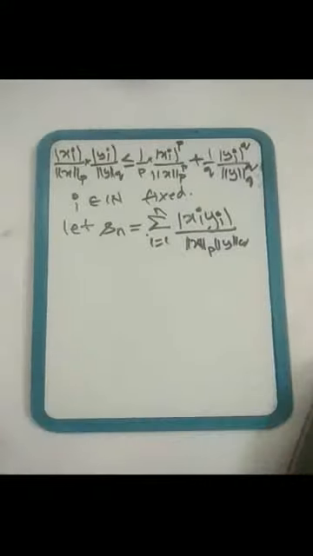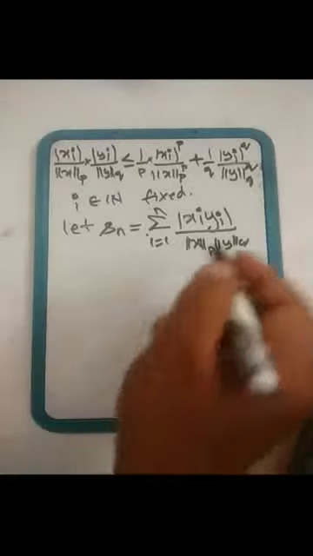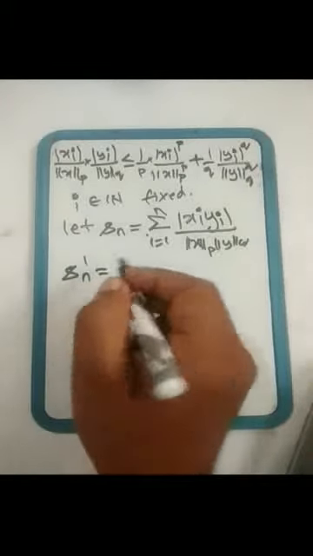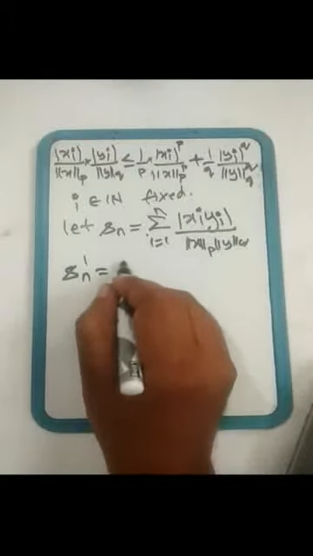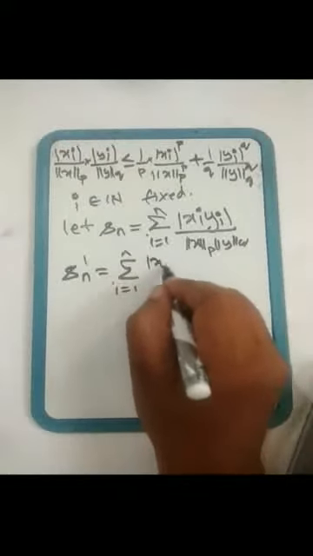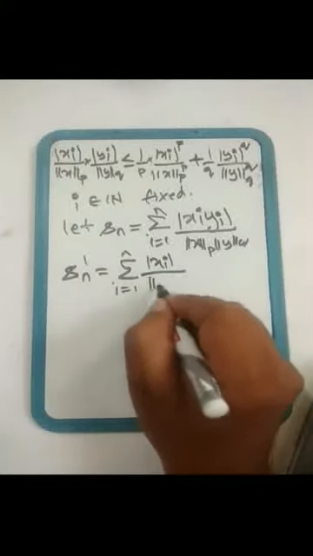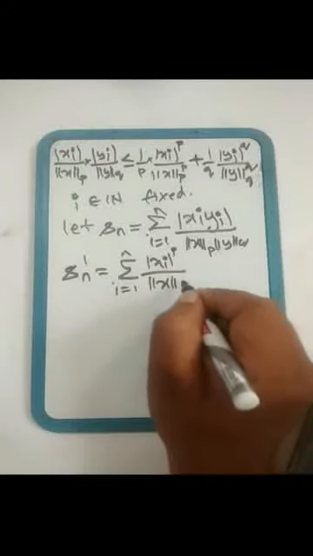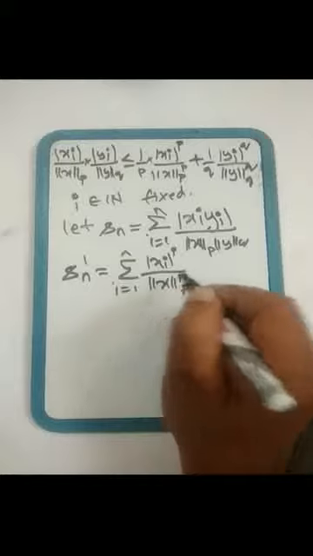This is the partial sum of the series. This thing, let Sn dash be the sum for i going from 1 to n of mod of xi, its pth power.